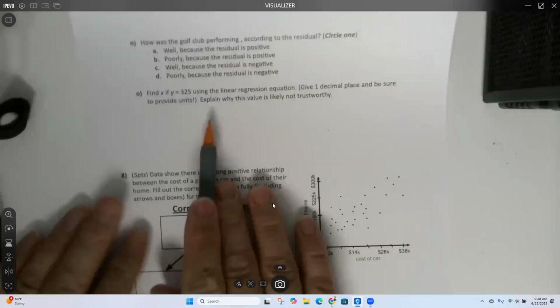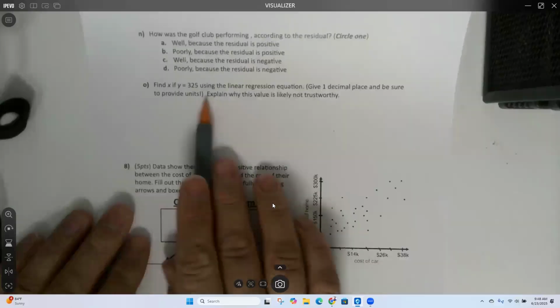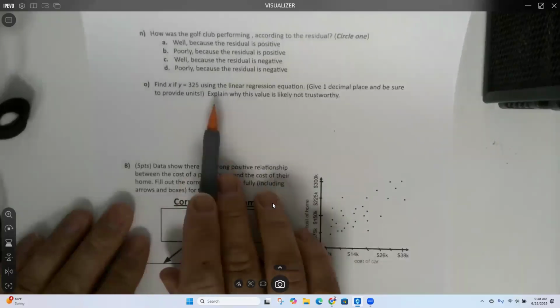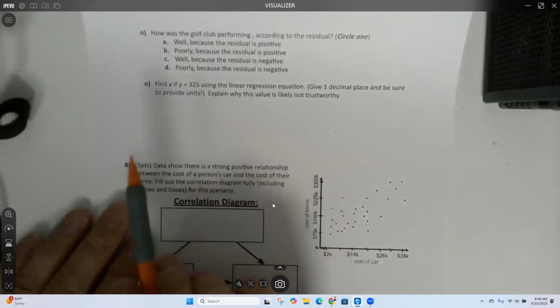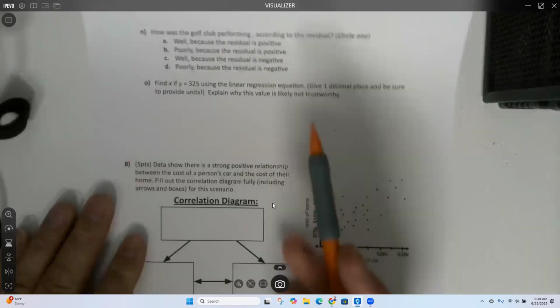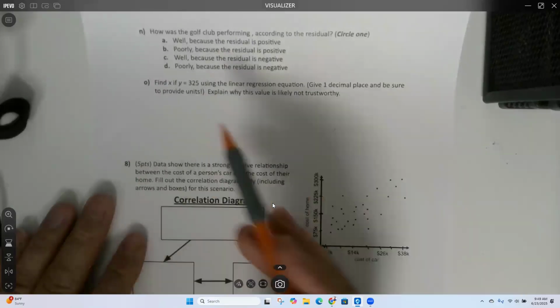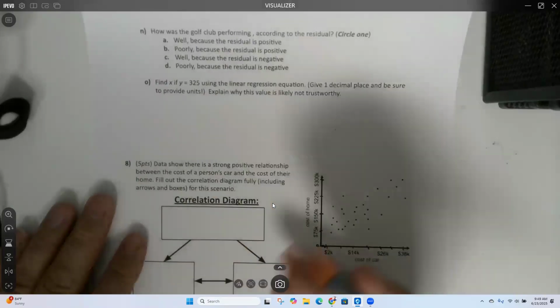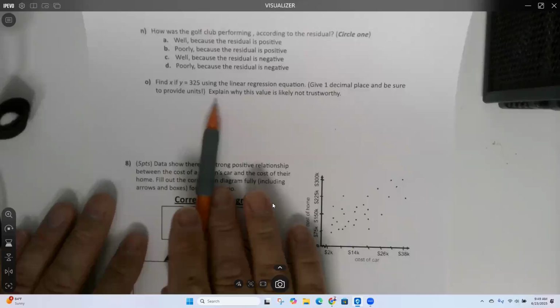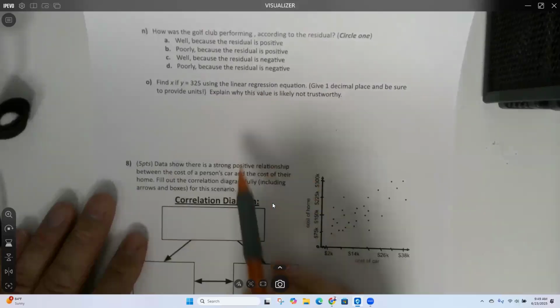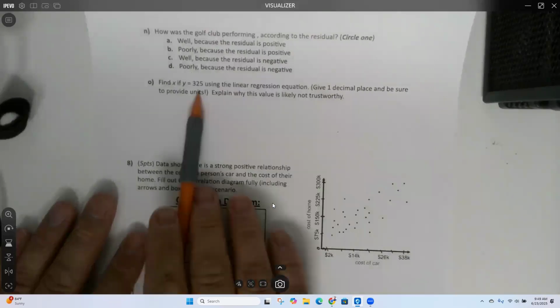Whenever we talk about the y-intercept, sometimes we'll say like the y-intercept does not make sense in this context. And that's usually because 0 is nowhere near the data that we're looking at. Here's another example where, okay, we're not looking at the y-intercept. We're looking at, okay, y equals 325.